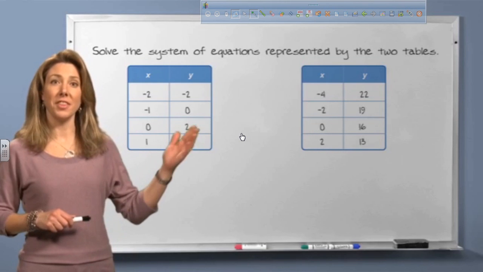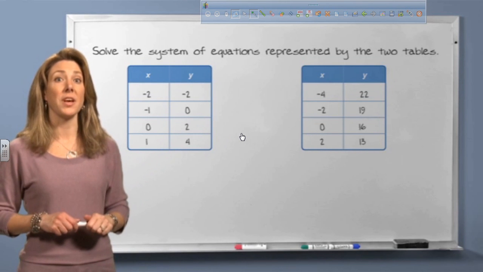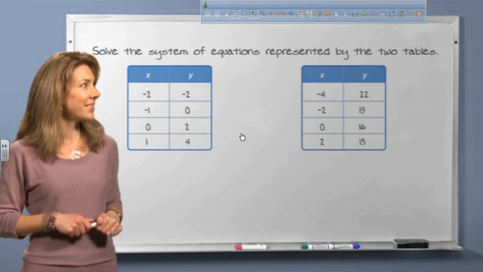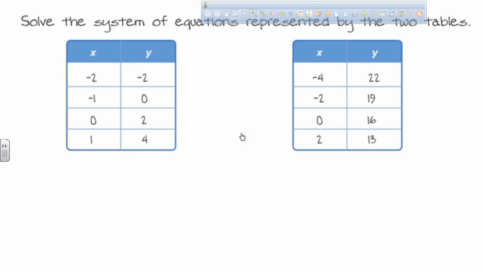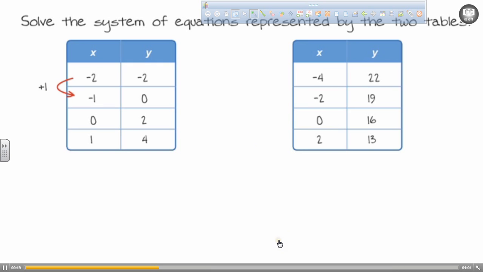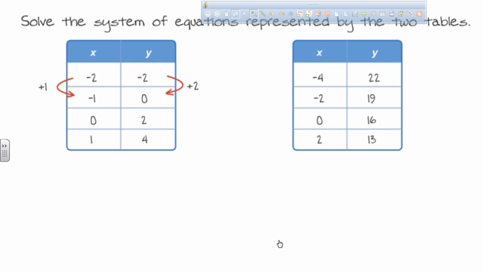Find the solution of this system of equations represented by two tables. Since we cannot see the solution yet, we need to extend the pattern to find values that are the same. In the first table, we can see that while the x values are increasing by 1, the y values are increasing by 2. We can extend the x values by adding 1 each time, and we can extend the y values by adding 2 each time.